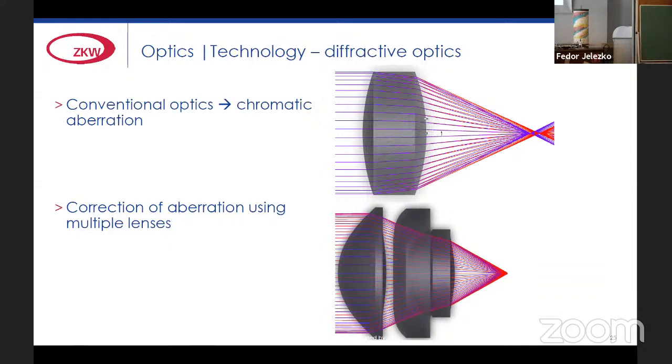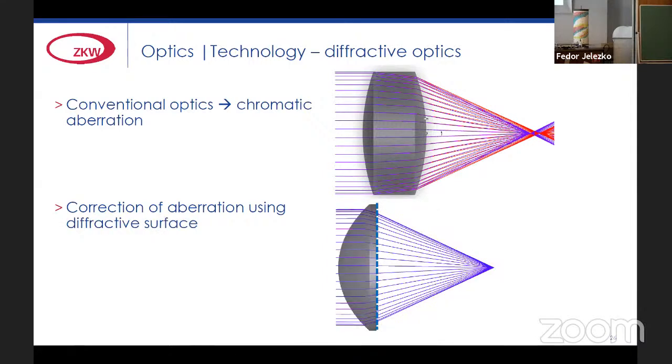If you have a normal lens like this, you always have color aberration, so different colors meet at different spots. You can do a very expensive correction of this using more lenses, more lenses that correct for different aberrations in your objective. But for some aberrations, you can also correct with a certain diffractive structure on your lens. And this is the thing we are trying to implement at the moment.